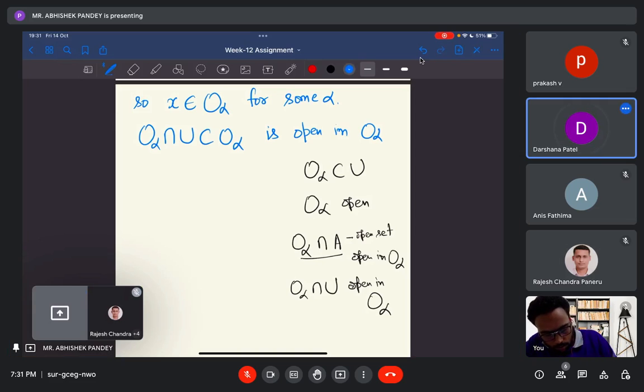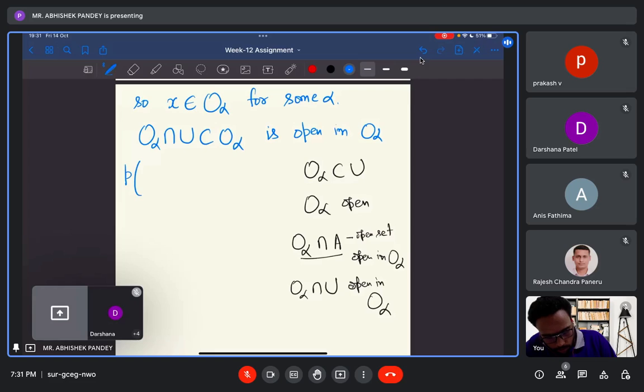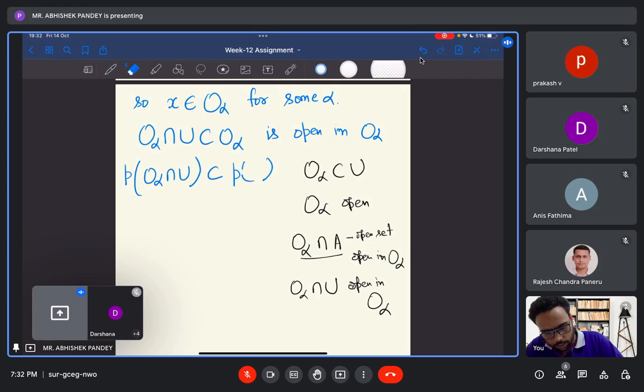Yes sir. Now you see this one, the image of O alpha intersection U. Where does it belong? It is contained in p of U, sorry, p of O. So this is contained in p of O, isn't it?